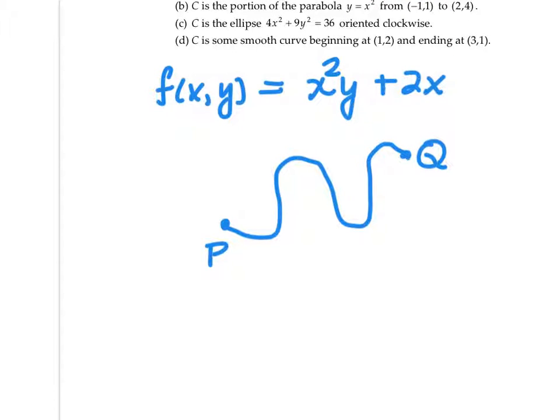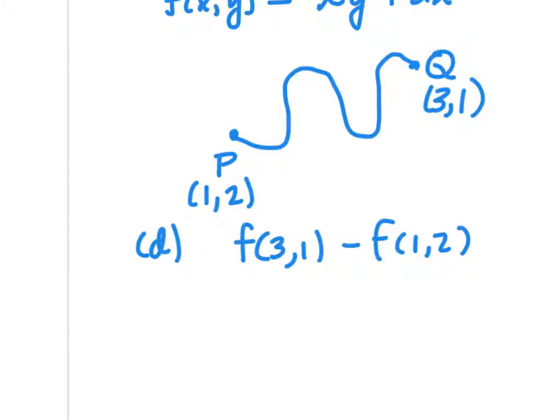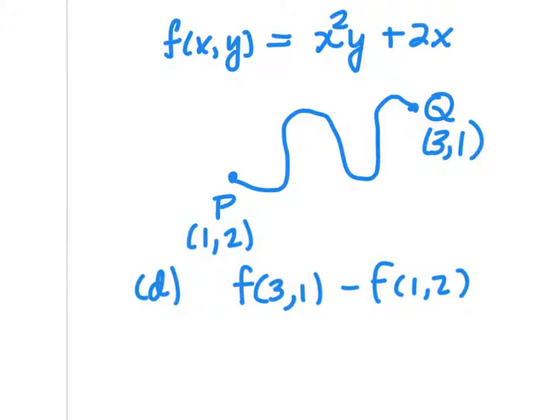In this case, the beginning point is 1, 2, and the ending point is 3, 1. So the value of the integral is going to be little f of 3, 1 minus little f evaluated at 1, 2. F of 3, 1 is 9 times 1 plus 2 times 3.